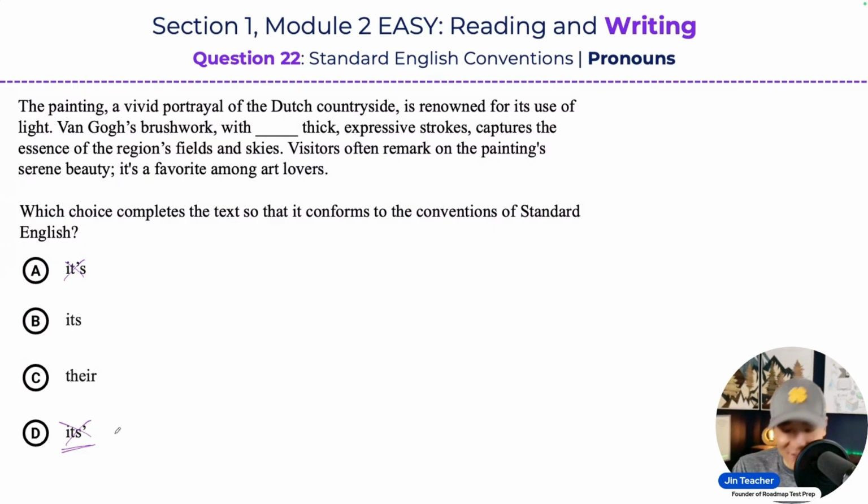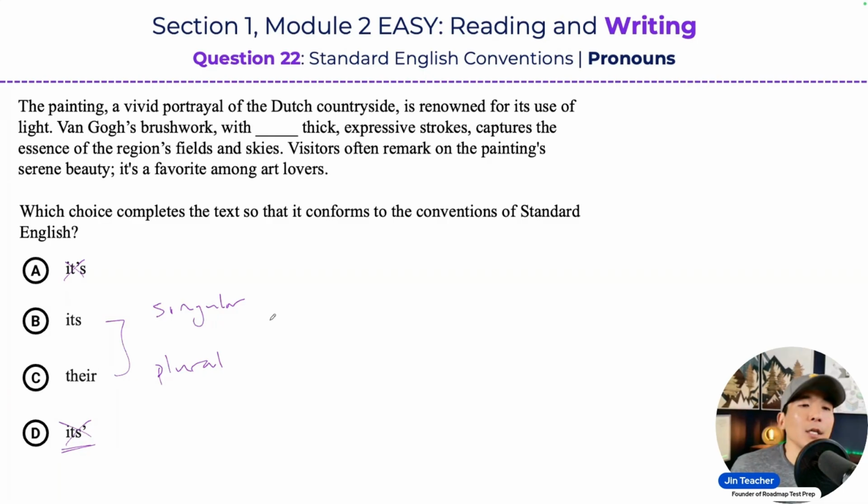So the next thing they're going to test you on, just like with apostrophes and nouns, is do we use singular or plural. Because now choices B and C are both showing possession. These are both the possessive form. The only difference is that answer choice B is the singular possessive and answer choice C is the plural possessive.